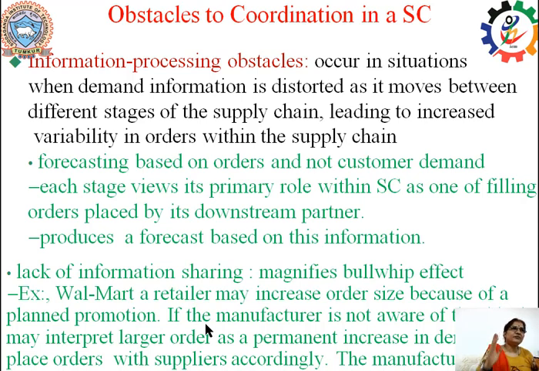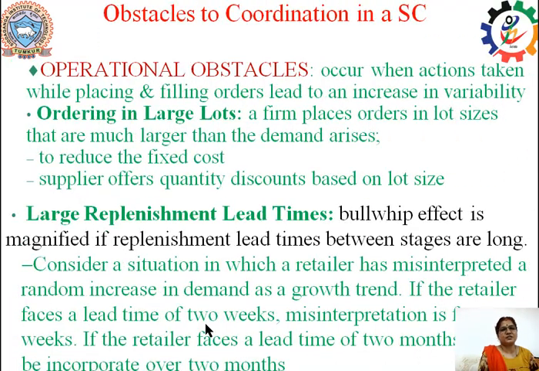They planned everything and executed the actions for the larger demand to be continued, and when it doesn't materialize, when the promotion duration gets over, they are left with a large amount of inventory which the retailer will refuse to take, because he says, I had a promotion last month planned for, so I took it, this time I will not take. So delay or distortion in information sharing leads to information processing obstacle.